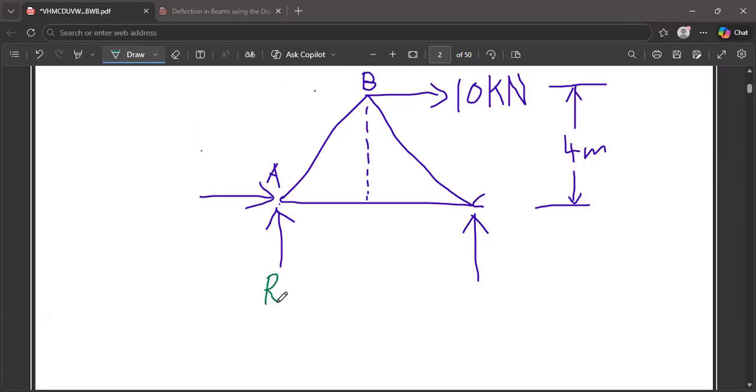This is reaction A, or you can say vertical force at A. This is at our reaction C. And this becomes our horizontal force at A.